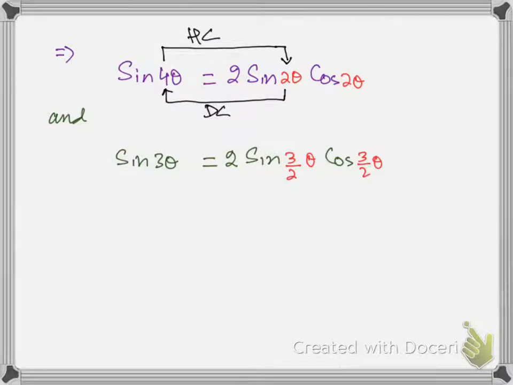If you want to write 3 theta, then the double of 3 upon 2 is 3, whereas the half of 3 is 3 upon 2. So if you want to write 3 theta, you can directly write 2 sine 3 upon 2 theta and cos 3 upon 2 theta. And this is very simple. Both angles are always the same. Whatever you are doing with sine, it will be the same for cos.